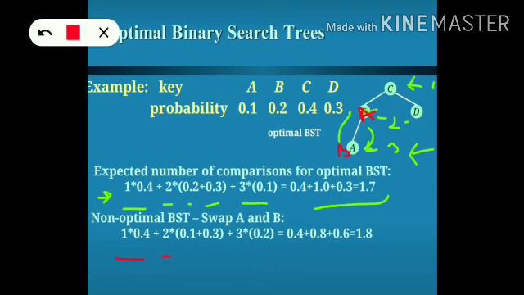On level 2 you have keys A and D, so the probability of A is 0.1 plus 0.3, plus level 3 times the probability of B, which is 0.2. So the expected number of comparisons for this binary search tree is obtained as 1.7. Therefore you can imagine that there could be 14 different values in this case.